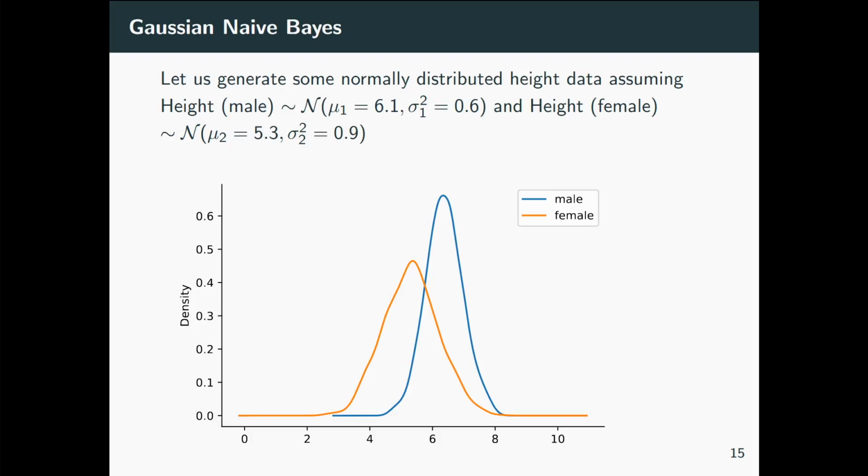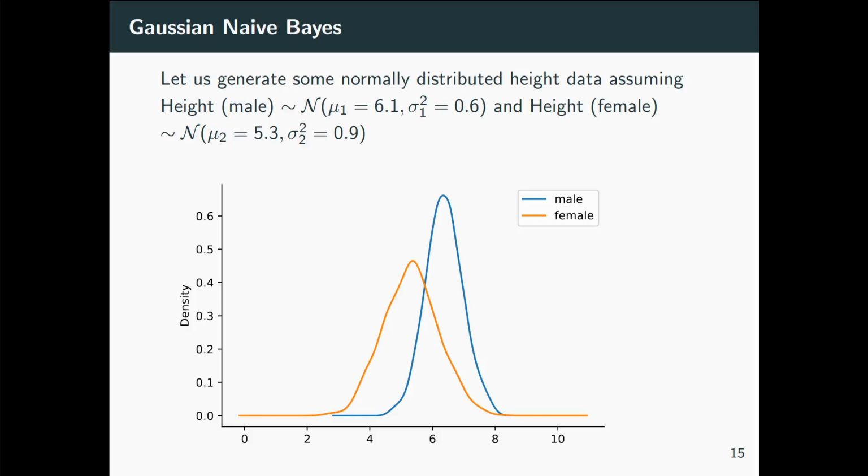So y equal to 0 or 1 depending on whether it's a male or female, and the heights of 1,000 samples of each. So you're given this data set of 2,000 samples with the output label 0 or 1. Now for each class, let's say class equal to male, you'll say that it's distributed normally, and you learn the parameters for this normal distribution. You could just use a simple maximum likelihood estimate to learn the parameters.